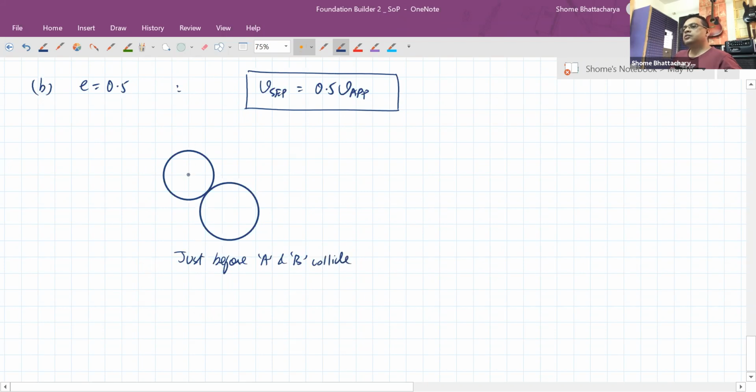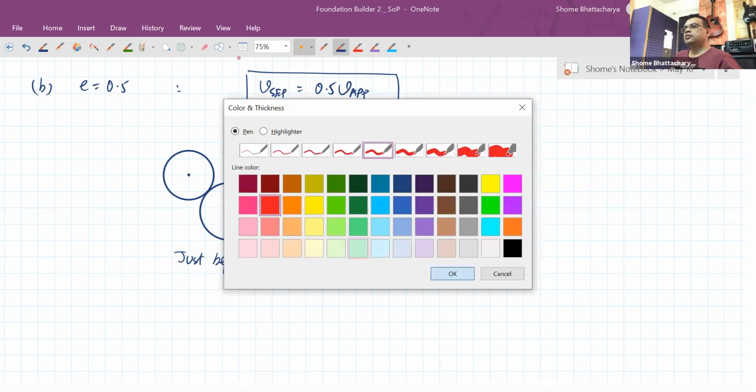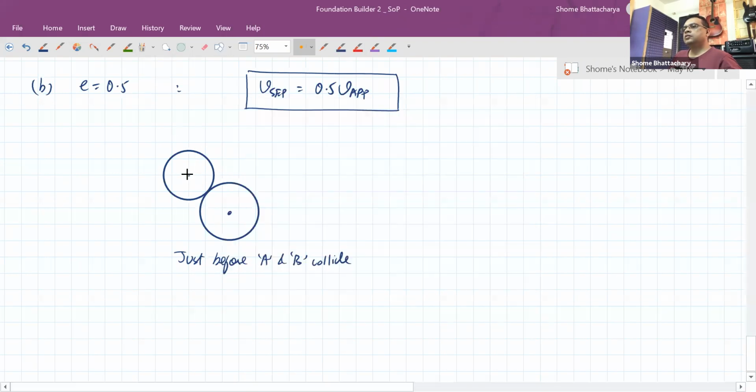So at that instant, you can see that the velocity of A is along this direction, and the center to center line is making an angle theta with respect to it, whereas B is at rest. So the approach velocity will be equal to V naught cos theta.